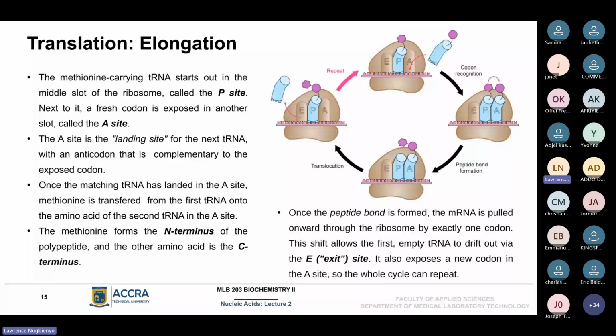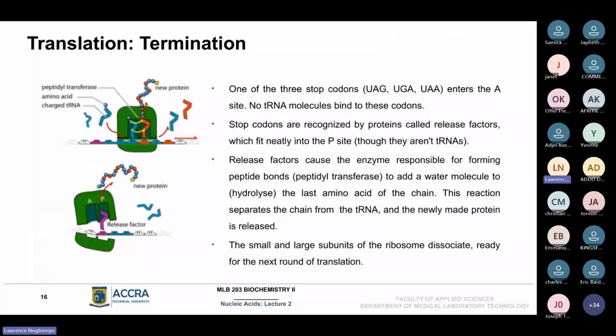Okay, then the termination. So when it reaches the stop codon, instead of a transfer RNA bringing in an amino acid, you see some protein that is coming in there being referred to as a release factor. And what does the protein come in there to do?